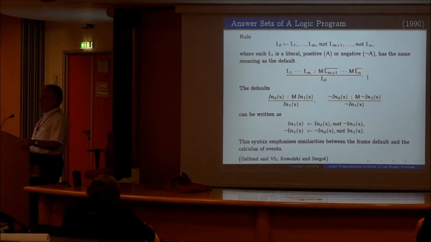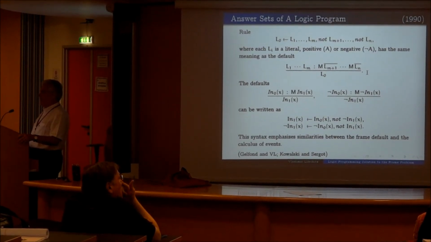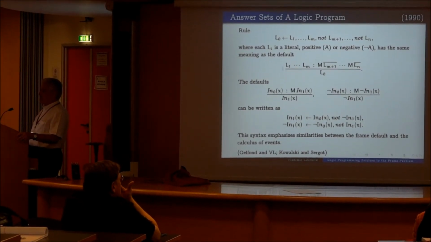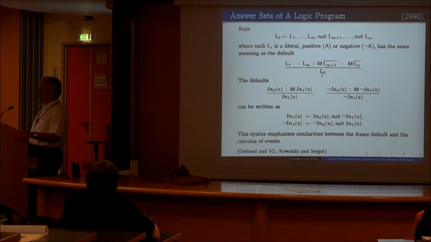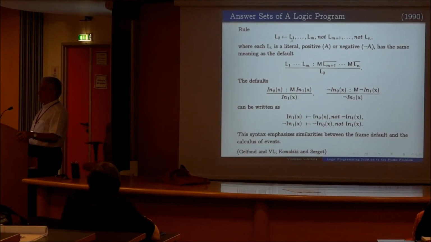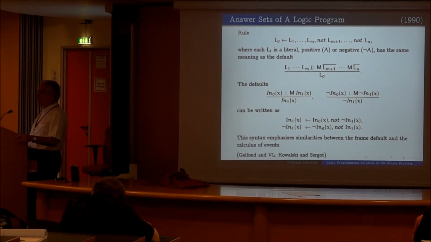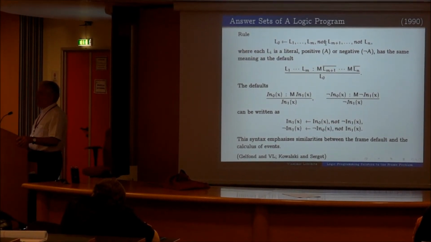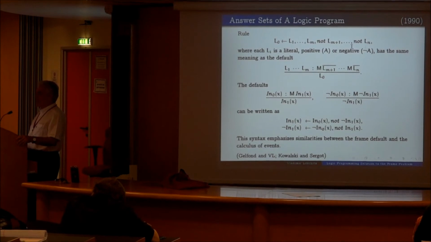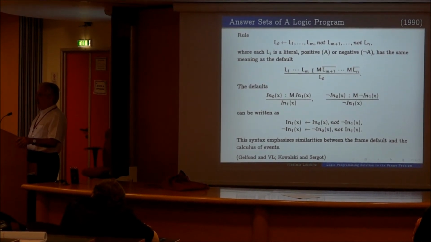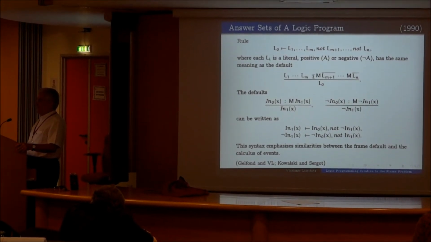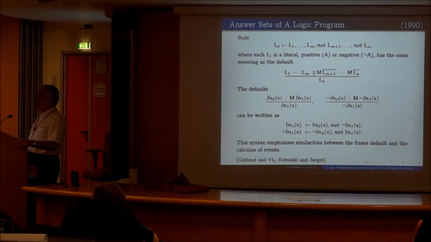And according to the answer set semantics for logic programs, such a rule has the same meaning as a certain default. And what you see happens in this default is that the head of the rule turns into the conclusion. The literals that are not prefixed by negation as failure are viewed as premises, and the literals that are prefixed by negation as failure are put in this justification part of the default.